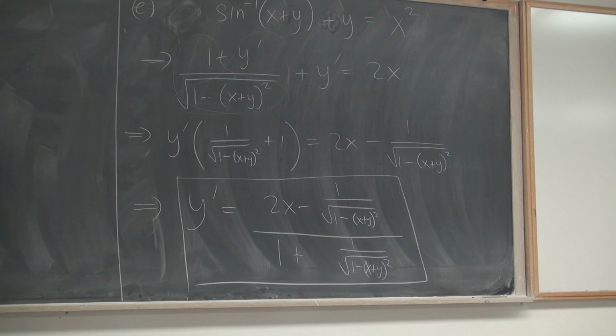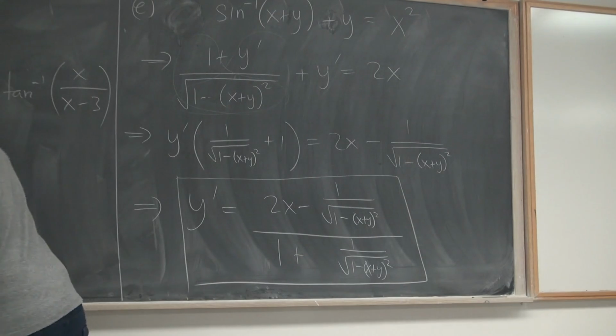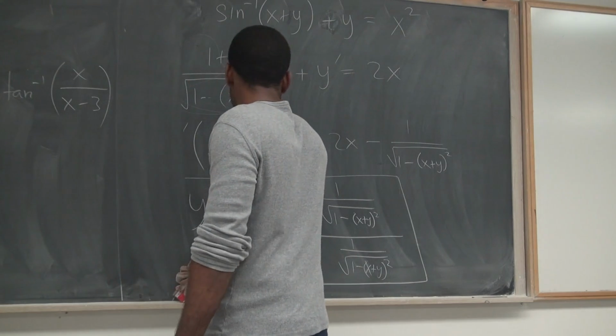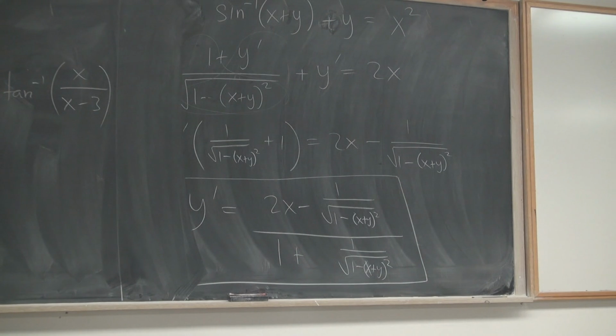So for example, what if I did the limit as x approaches 3 from the left side of tan inverse of 1 over x minus 3? Now as x is approaching 3 from the left, what happens to the inside function here?